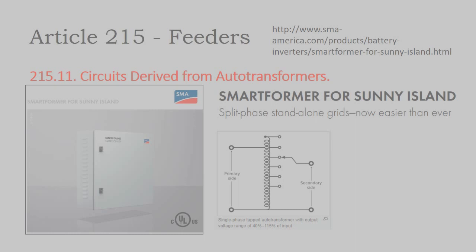But it needs one because the SMA battery inverter is designed for 120 volts. And if it's going to be grid connected, that voltage needs to step up to 240 volts. And so it's a grid connected inverter that has a 120 volt output, and we need to step that voltage up to 240 volts for it to be compatible.